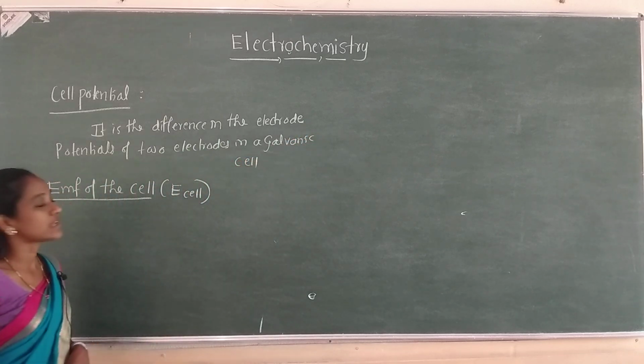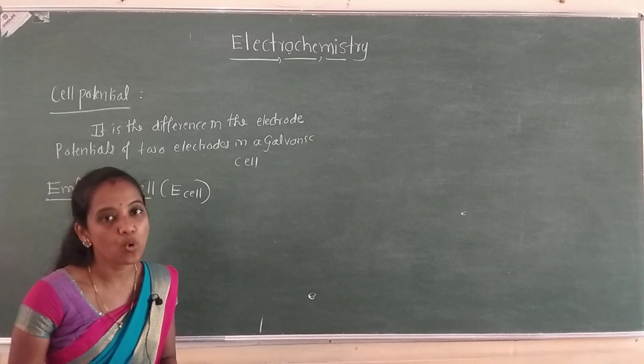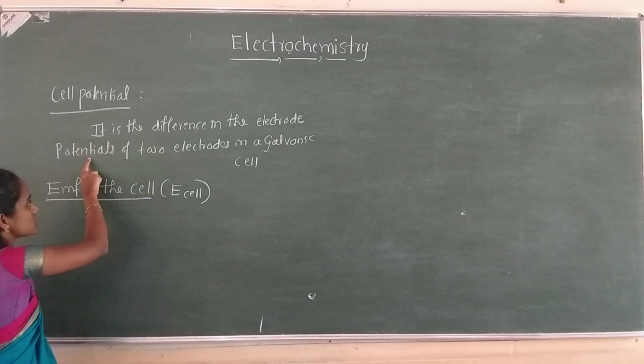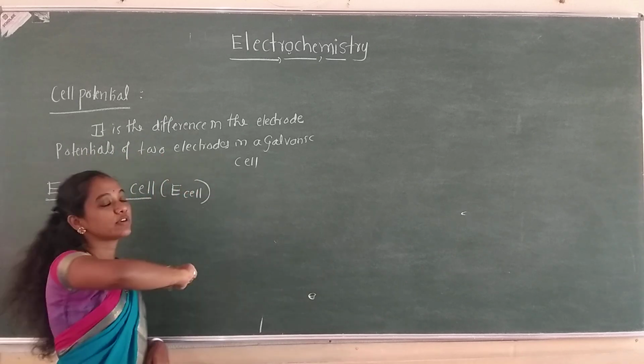Cell potential is always measured in volts. So what is cell potential? It is a difference in the electrode potentials of two electrodes of a galvanic cell.